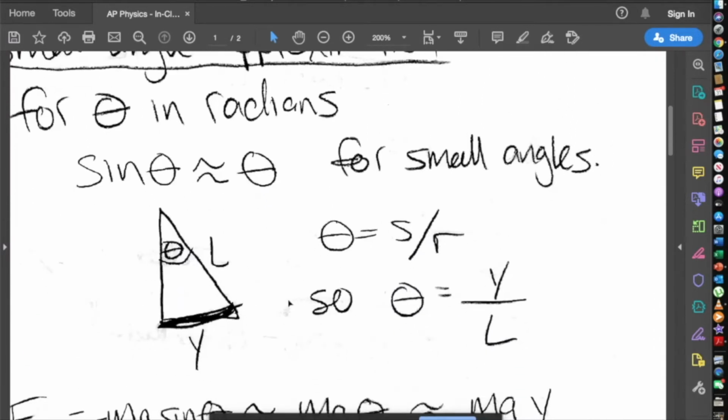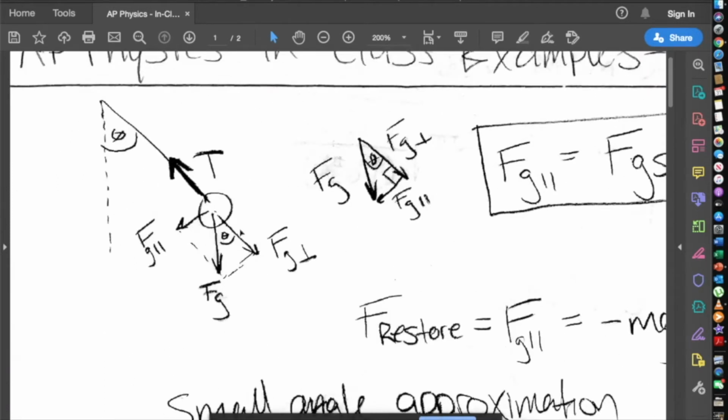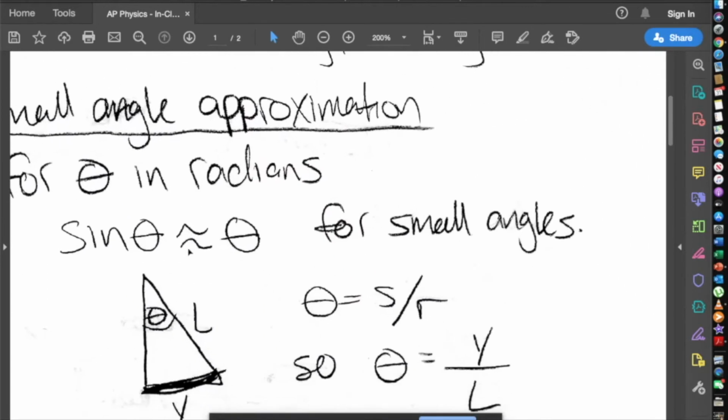And so we're now able to write an equation for the angle in terms of the length of the string, L, and the height that this thing is traveling through. We're calling it y as a height because that distance it travels, that flat part of the triangle, is a height, or at least a component of the height.